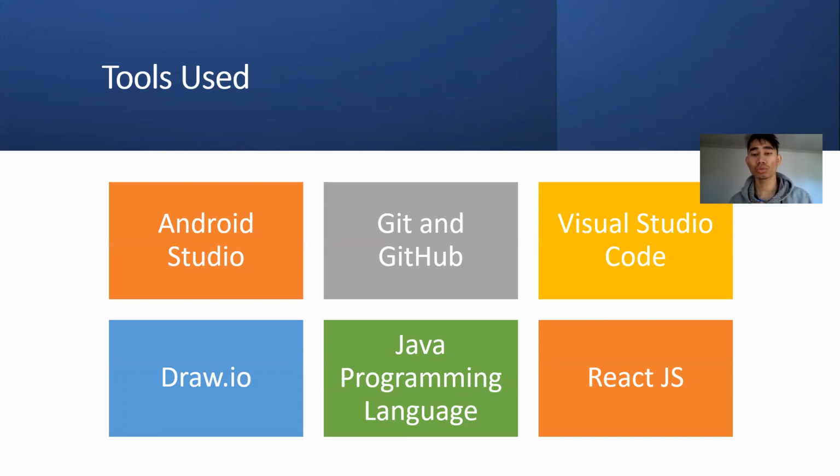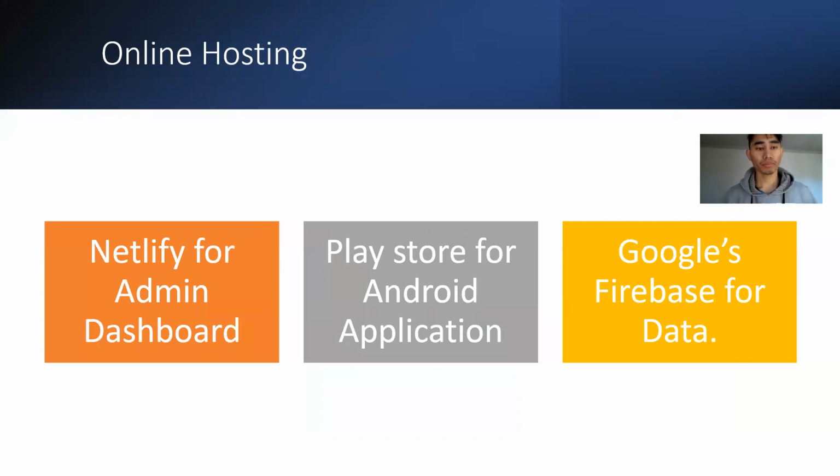Draw.io was used to develop different diagrams, like use case diagrams, class diagrams, and sequence diagrams. For the Android application, we used Java, a widely used programming language for Android development, and for the admin panel we used React.js, a widely used JavaScript library for developing the front end of web applications.